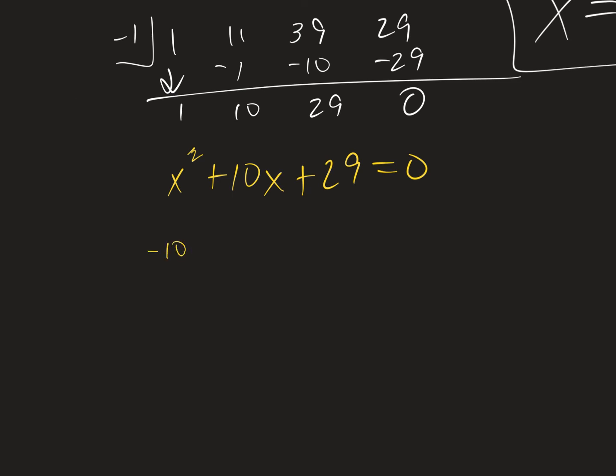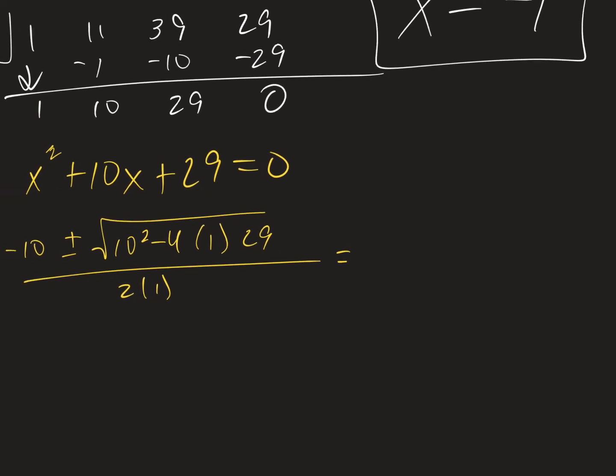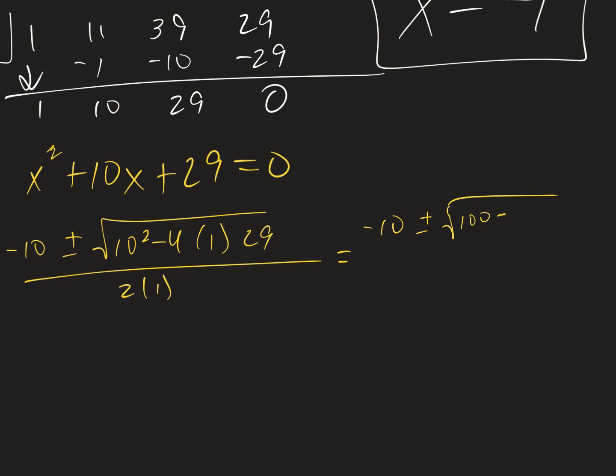So negative 10 plus minus the square root of 10 squared minus 4 times 1 times 29, all over what? 2 times 1. Okay. So negative 10 plus minus, what's 10 squared? 100. Minus, what's 4 times 29? 116, divided by 2. What do you guys notice now?